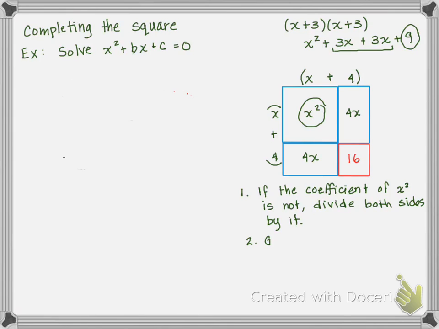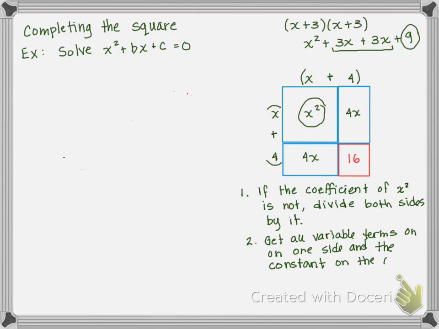So we got all variable terms on one side and the constant on the other. So in this case, that would give us x squared plus bx equals negative c.